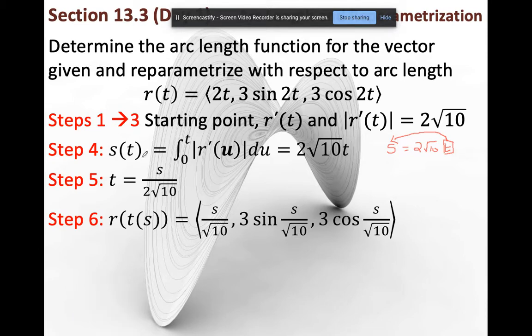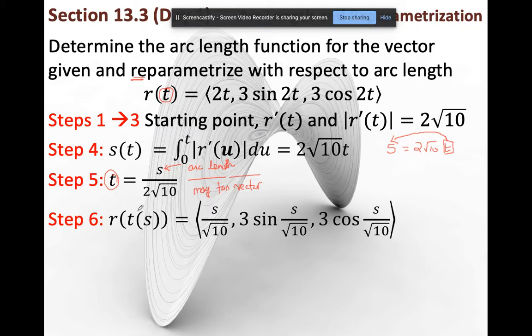Look at what I've done. Reparametrize. I had a parameter t, but now I wrote t in terms of arc length. Matter of fact, the arc length is divided by what? The magnitude of the tangent vector.